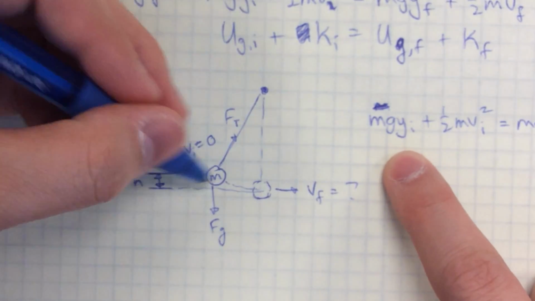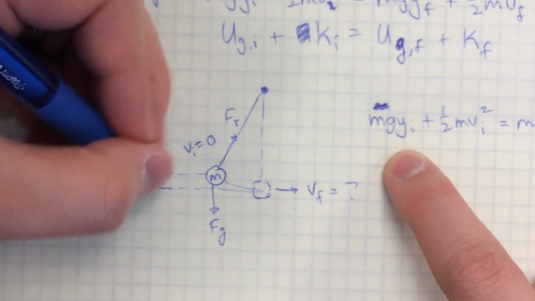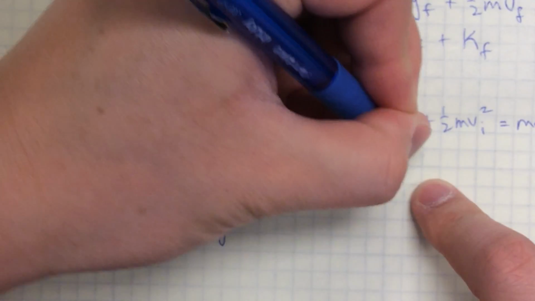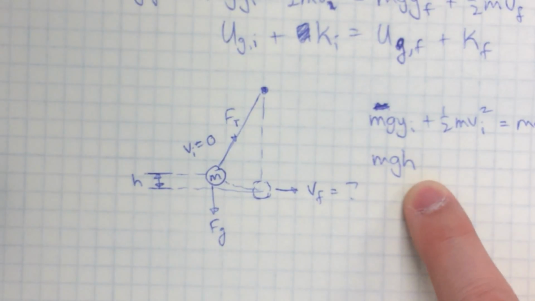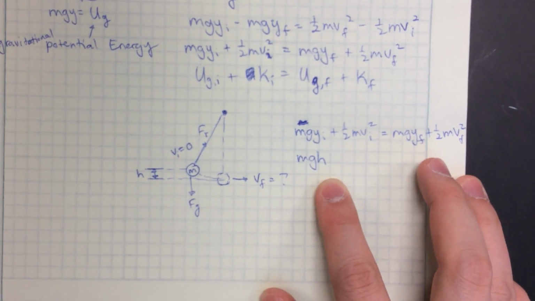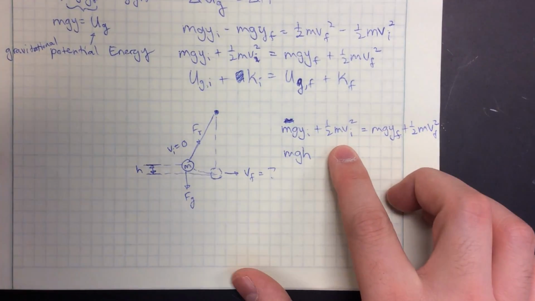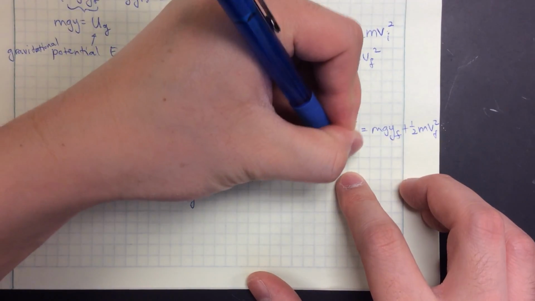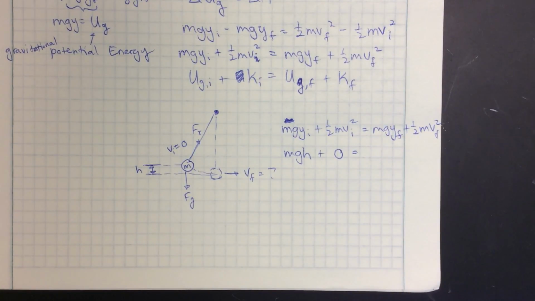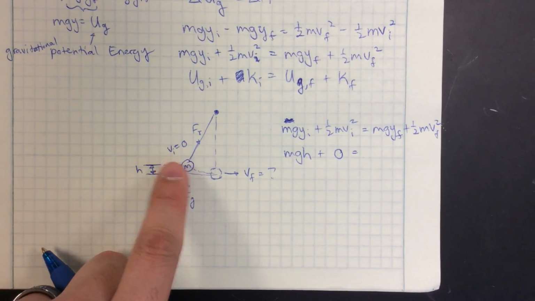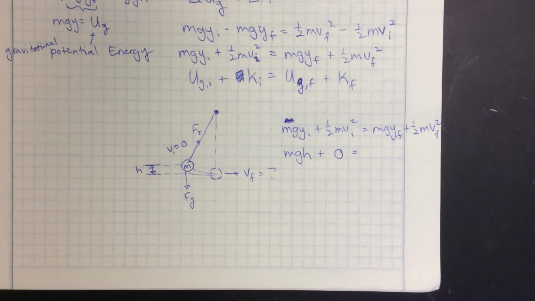Okay, so my initial mgy, that's like mgh. My initial 1/2 mv squared, that's 0, if it starts at rest, right? Starts at rest and then you just take a thing and let it go.